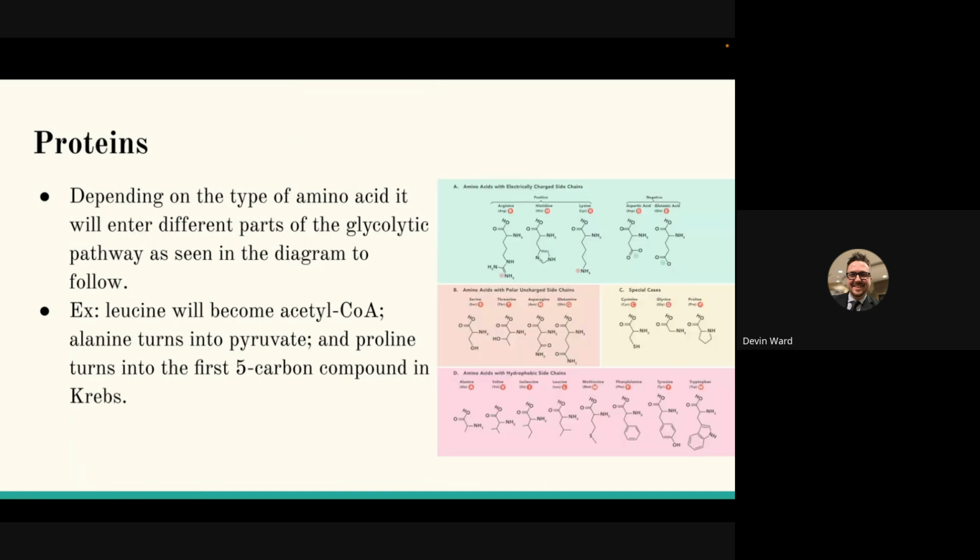Depending on what type of amino acid we have, remember we have 20 different amino acids, it will enter cellular respiration at different parts of the pathway, which you'll see on the back of your note. Leucine, for example, is a smaller one right here.